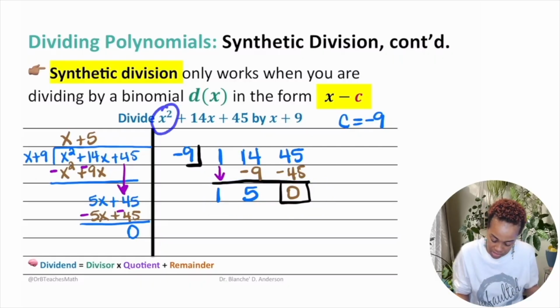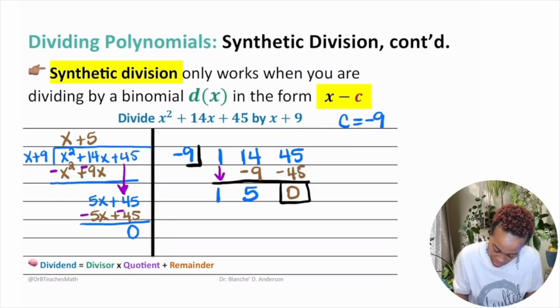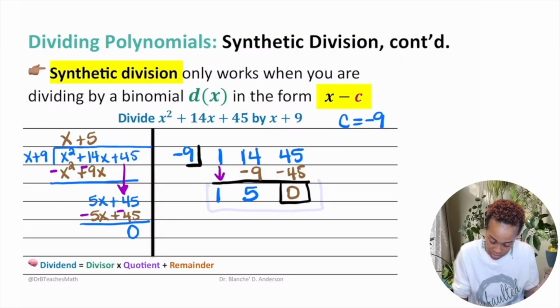So if this is x squared, 14x, and this is the constant, 9, this translates, now you go 1 degree less, so this becomes your x plus 5 right here.